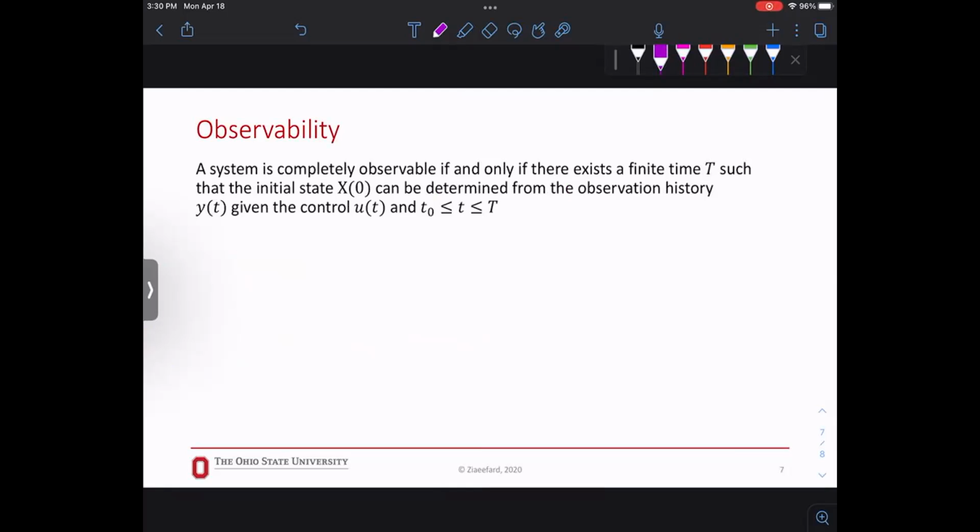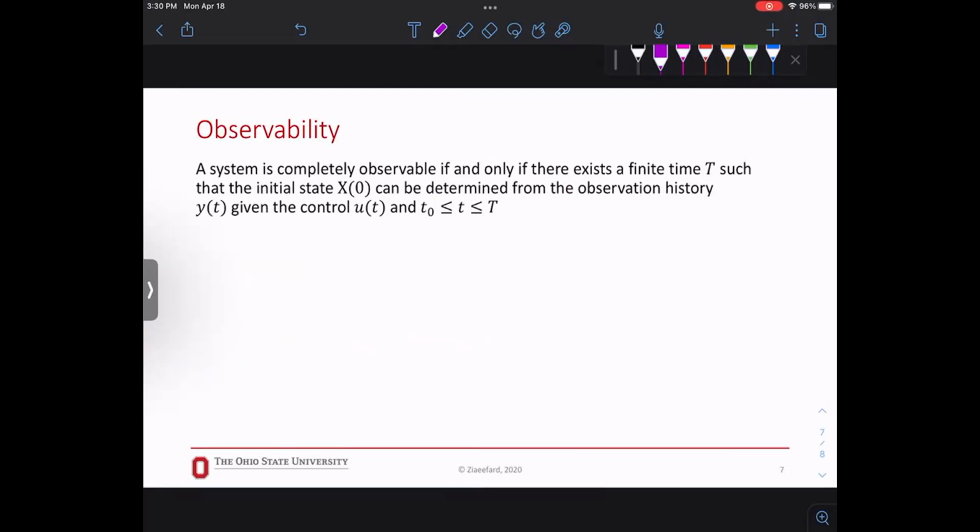You have measurement, but here we say observation history. How do we observe? We look at the sensor measurements, right? So if we have observation history for all of our states during time t, then that system is observable, meaning that you can measure something.